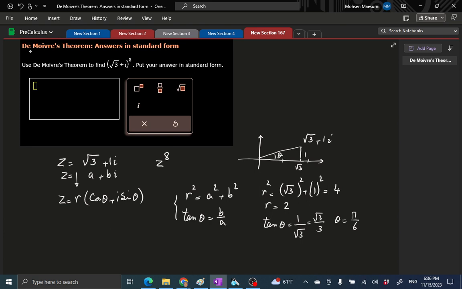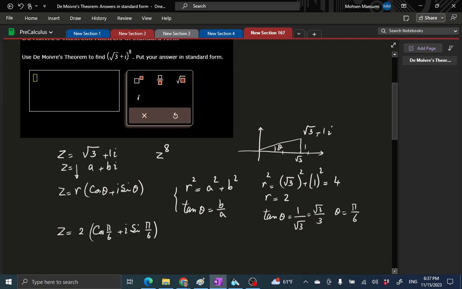That's the value of theta. So I can write z as twice cosine of pi over 6 plus i sine of pi over 6. We might as well verify to make sure we are on the right track. This is radical 3 over 2 times 2, radical 3. This is 1/2 times 2, that is 1, so we are right.